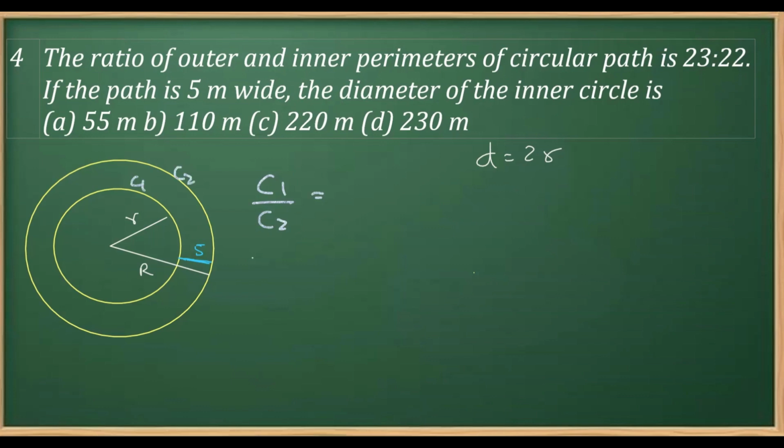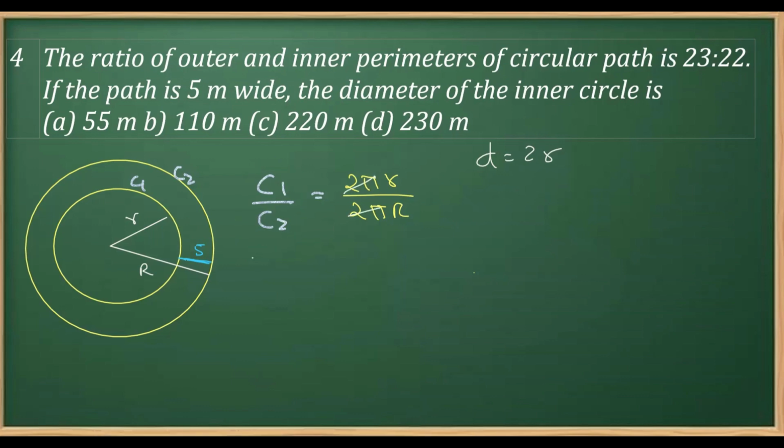The circumference of the circle is the perimeter, and it is 2 pi r, and then for the other, it should be 2 pi capital R. This 2 pi gets cancelled.